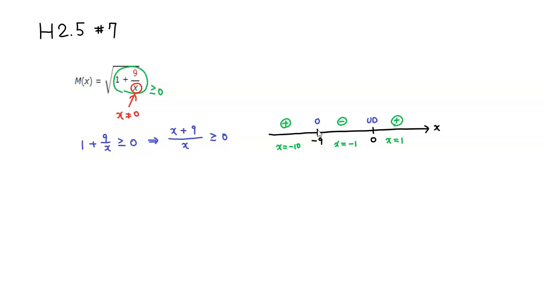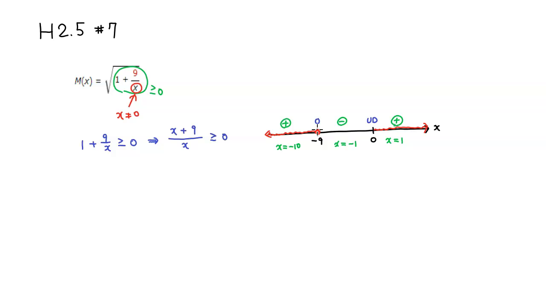So we want this part right here, and also this part right there. But we have to be a little careful here. Negative 9 gives you 0, so this is okay and we want to include negative 9.